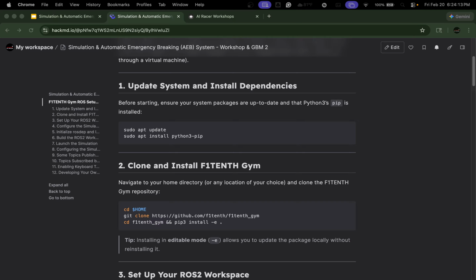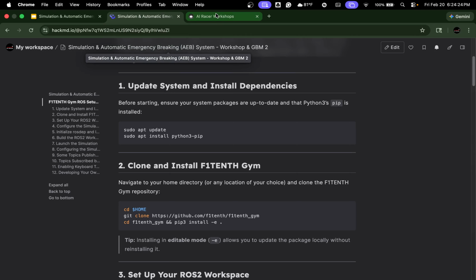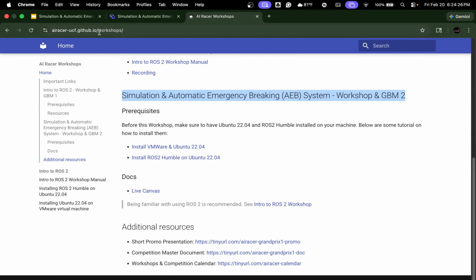Are you copying the link? It should be right there. Just click on this. This is way easier. It's this website.